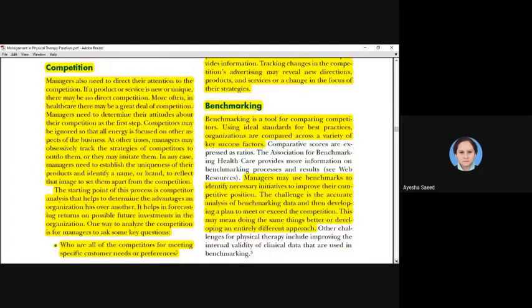Managers may use benchmarks to identify necessary initiatives to improve their competitive position. The challenge is the accurate analysis of the data and then developing a plan to meet or exceed the competition. This may mean doing the same things better or developing an entirely different approach.